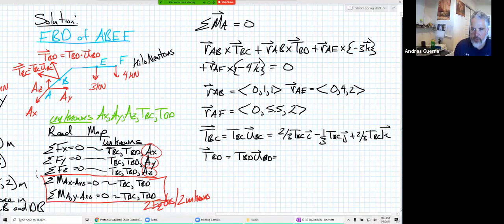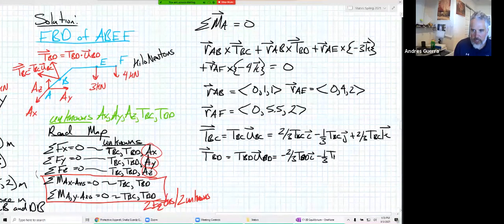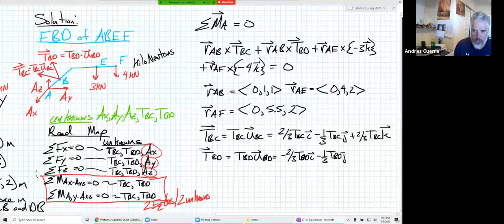They're the 2/3, minus 1/3, and the 2/3. For B to D, it's a minus 2/3 times TBD in the I, minus a 1/3 TBD in the J, and a plus 2/3 TBD in the K direction.